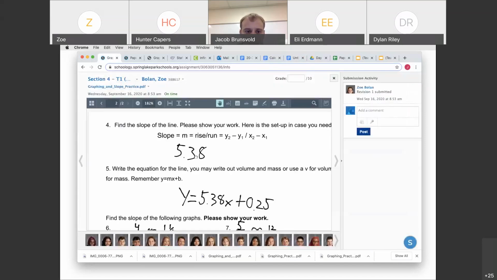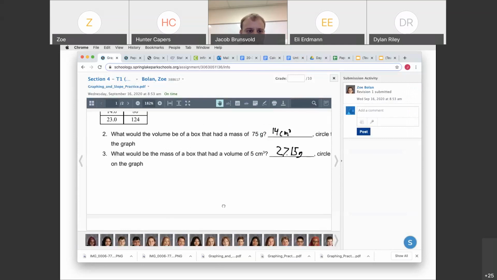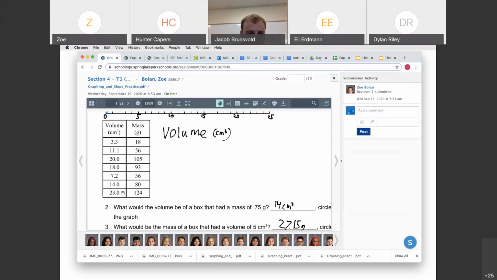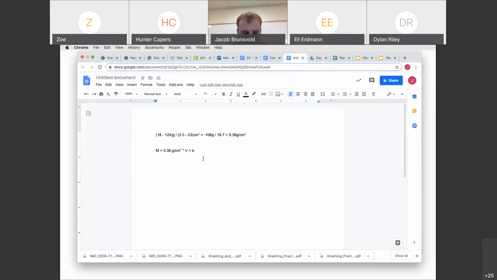We just have to look at what M and V are for one point. Actually, I'm going to use these two because the smaller numbers seem easier to me. So 18 and 3.3. We're going to put in 18 for the mass, and 3.3 for V, and we're going to solve for B.